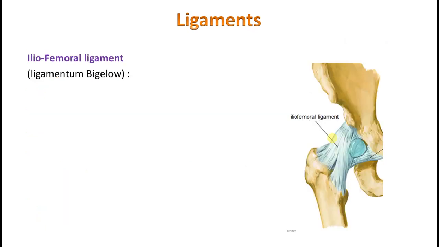The next very important ligament is the iliofemoral ligament. It is also called ligamentum bigelow. Inverted Y-shaped, strongest ligament in our body. The stem of the Y is attached to the anterior inferior iliac spine.